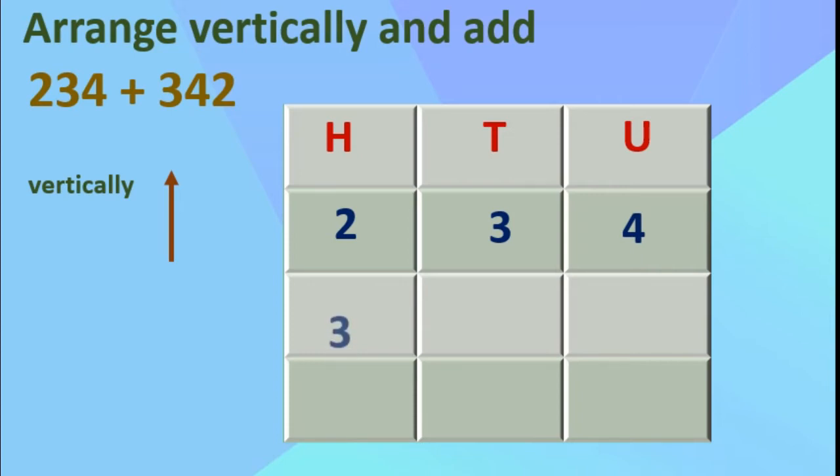Now we will write 342 below. Now we will give a plus sign. Now we are going to add: 4 plus 2 is 6, 3 plus 4 is 7 and 2 plus 3 is 5. Yes students, this is a vertical arrangement. Remember.